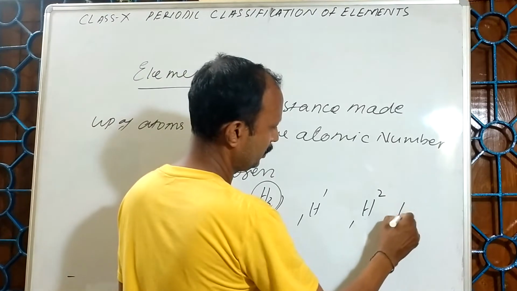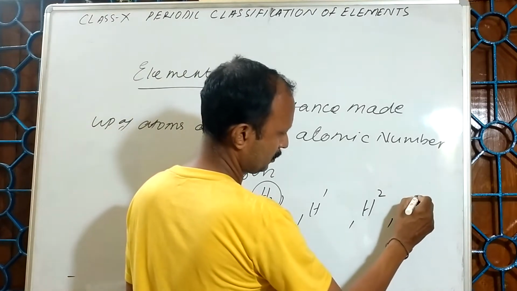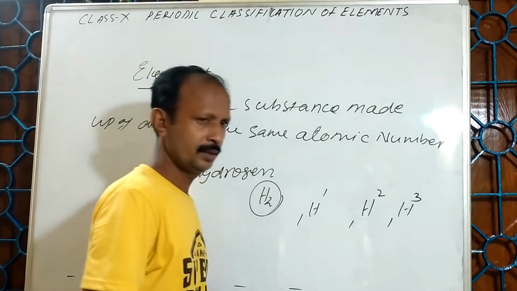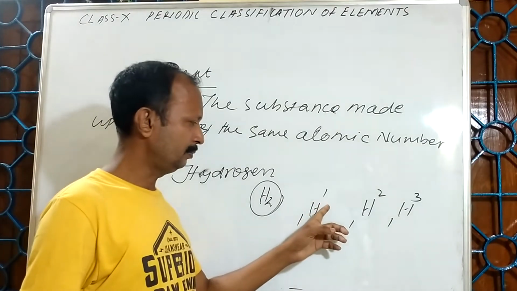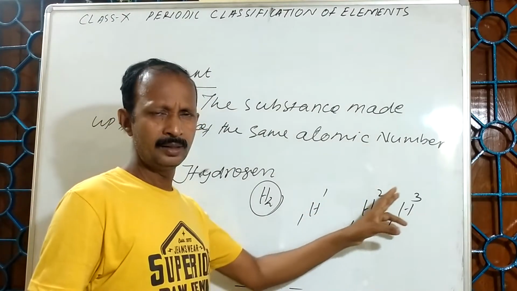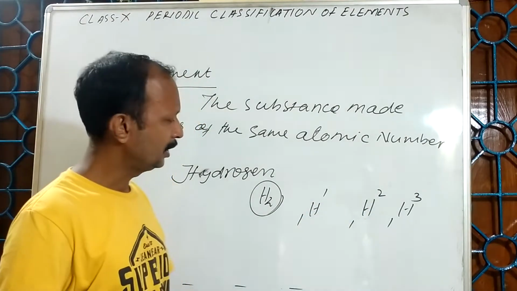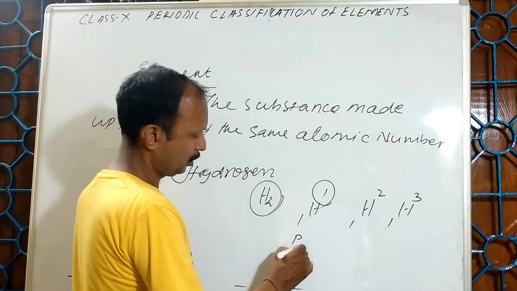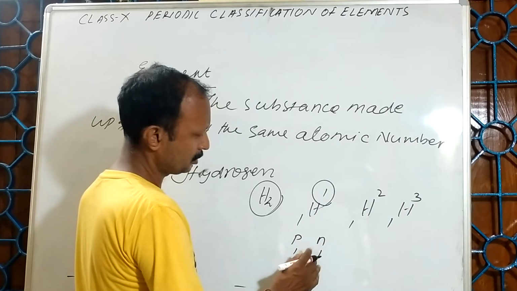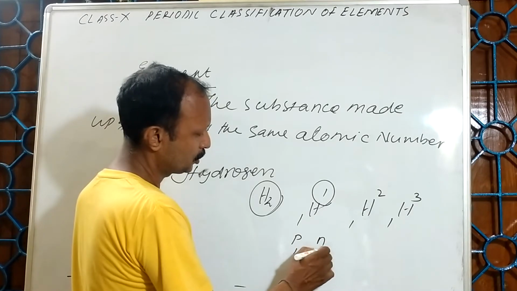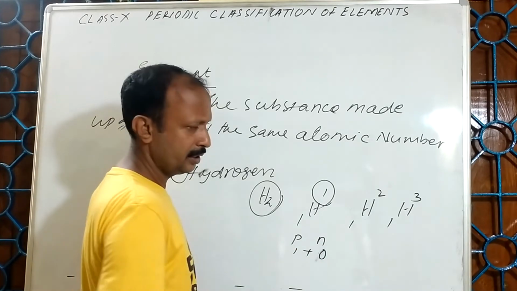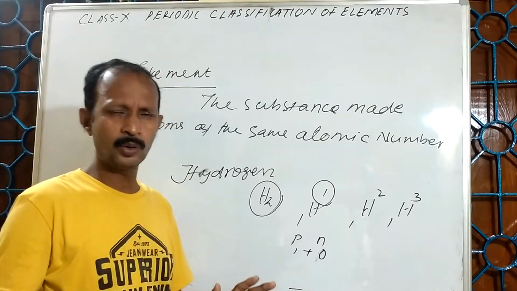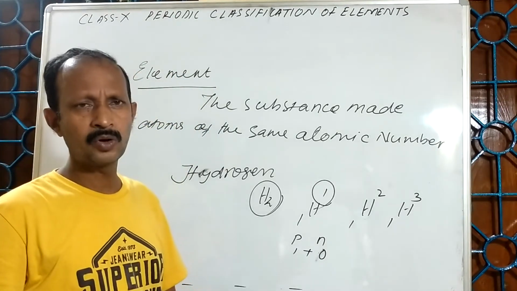So hydrogen has 3 isotopes: protium, deuterium and tritium. Here mass is 1 because proton is 1, neutron is 0. In normal hydrogen, we find 1 proton, no neutron.